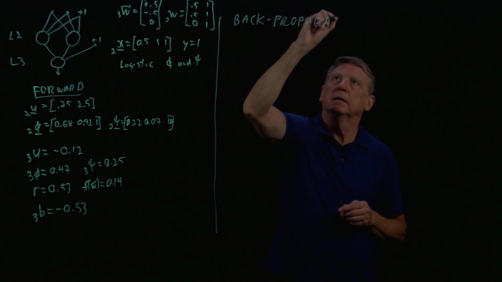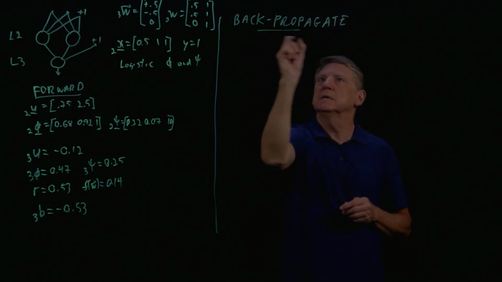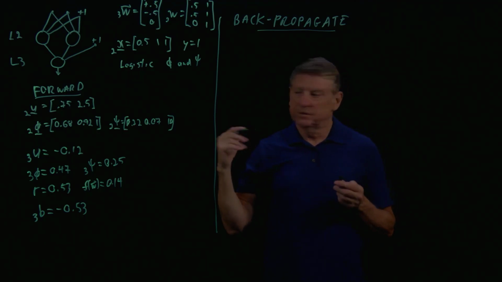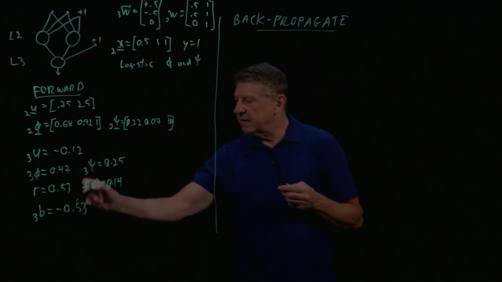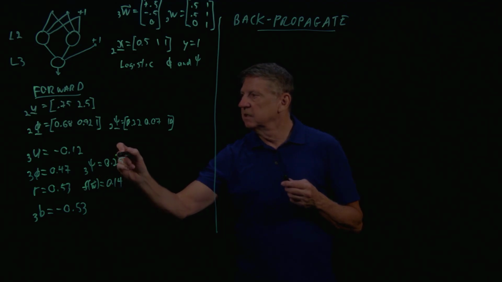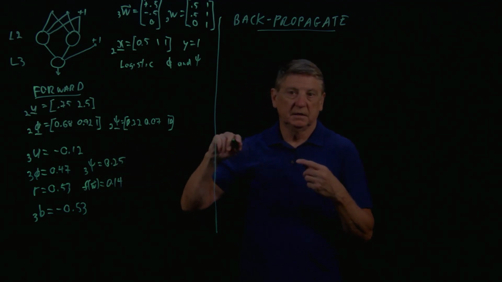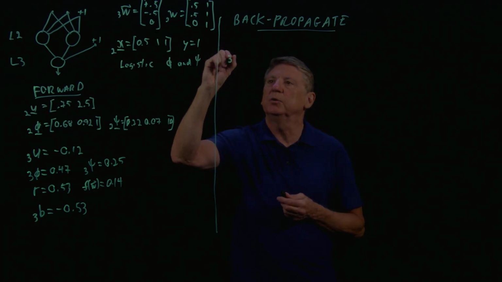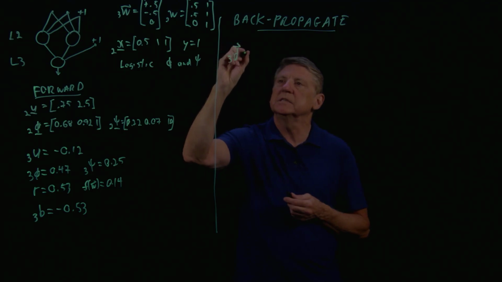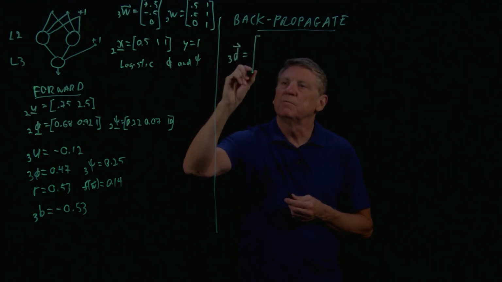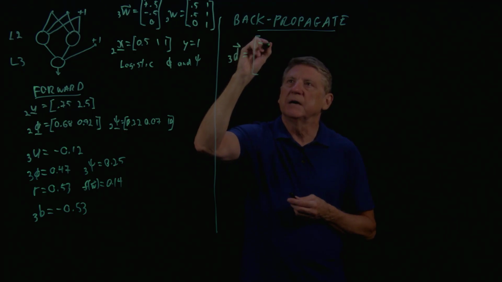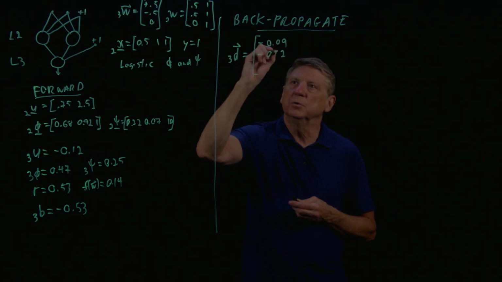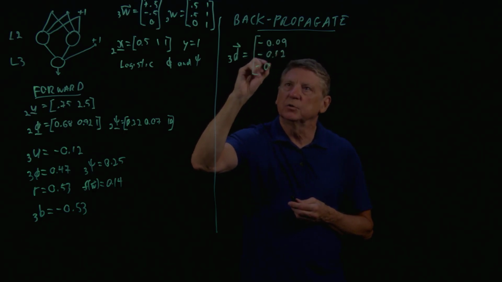And the answer is we first compute the layer 3 descent vector. So that is the backpropagation factor times this times the input transposed, and what that gives me when I do all of those computations is that the descent vector for our output layer is minus 0.09, minus 0.12, and minus 0.13.